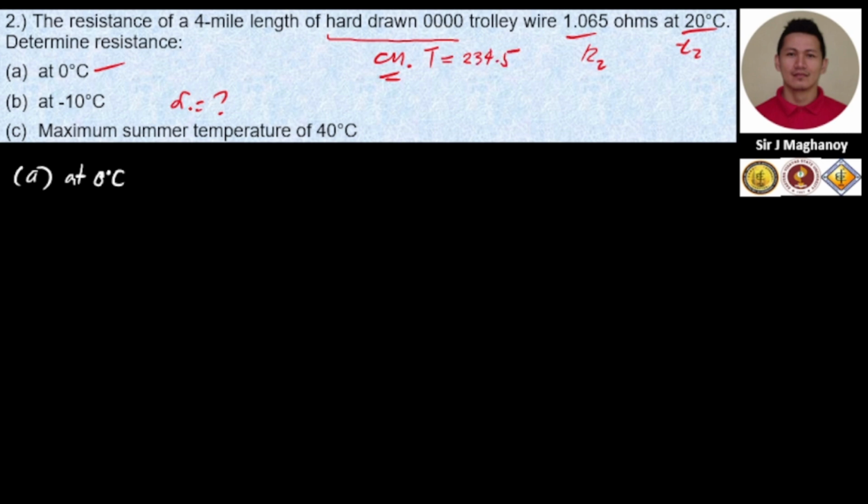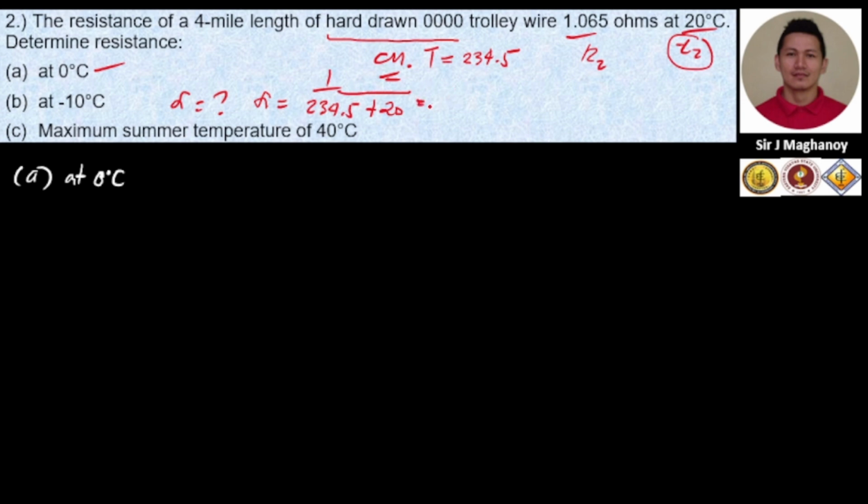Now, we can derive the value of our temperature coefficient. Using our final temperature of 20, our temperature coefficient is equal to 1 over the inferred temperature of copper, 234.5 plus 20 degrees Celsius.